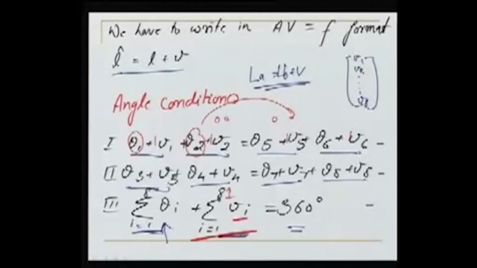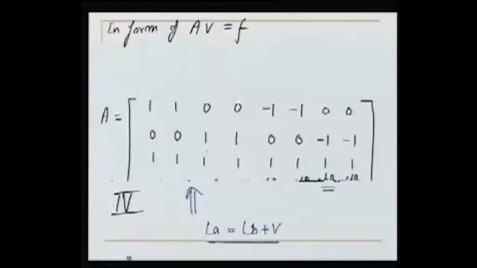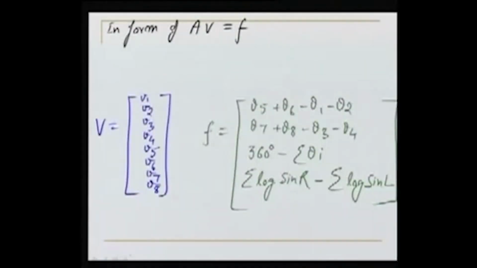So we can determine the value of the constant. For example, here the constant will be 360 minus sigma theta i. So this is the constant term. Then theta 5 plus theta 6 minus theta 1 minus theta 2, this and this. So we know A, and A and F are known.